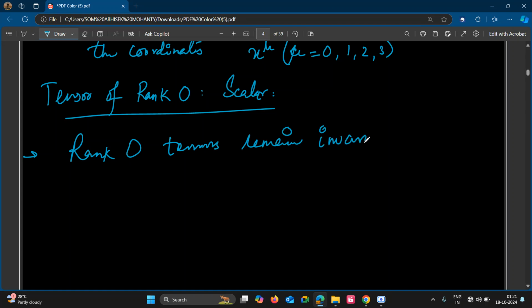Invariant means even after changing the coordinates, the final product is the same. So rank 0 tensors remain invariant under the transformation of coordinates.